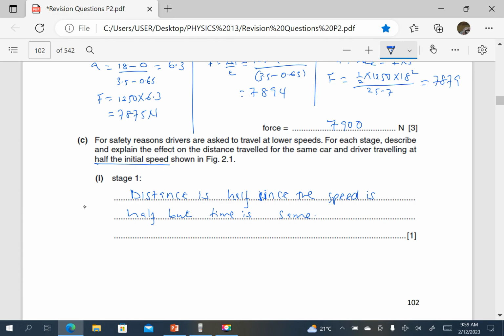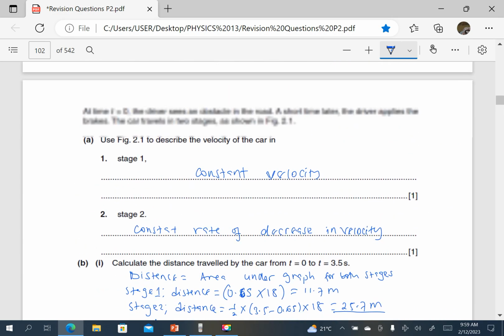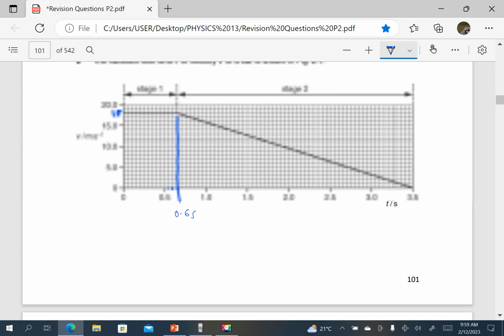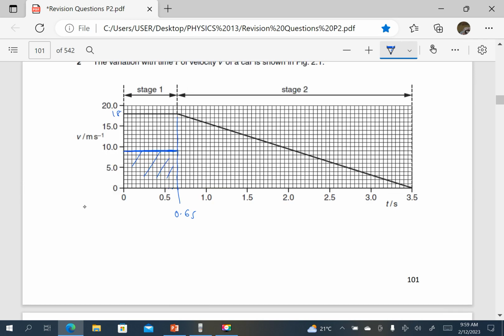So if the time is the same and yet the speed is half, the distance will also be half. Then, since it is half the speed, I will draw another line here which goes to 0. There's also the distance reduced by half.